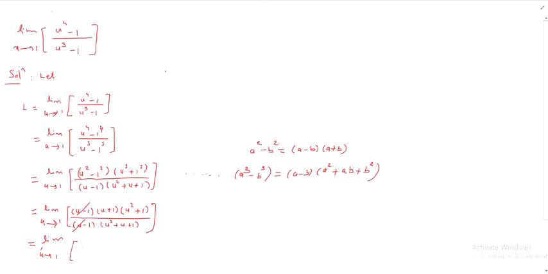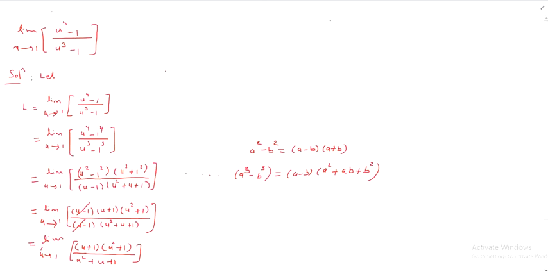Therefore the remaining terms are (u plus 1)(u square plus 1) by (u square plus u plus 1). Okay, now here there is no term in the denominator due to which the denominator will become 0. That's why we can take a direct limit.